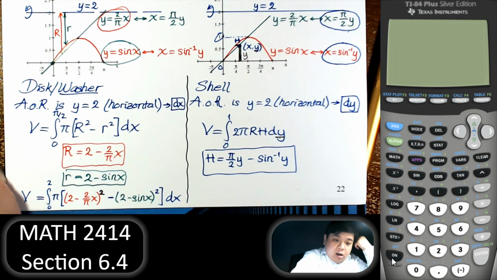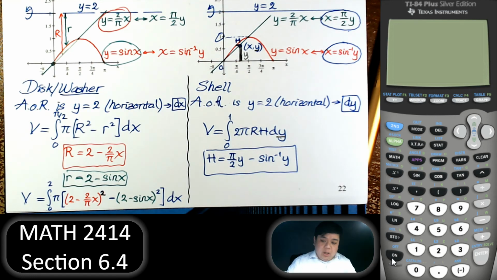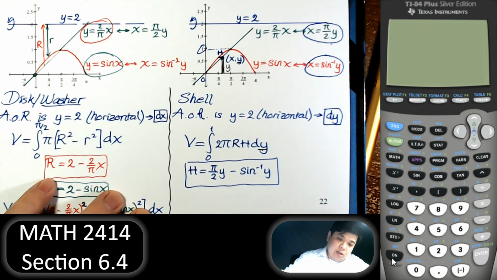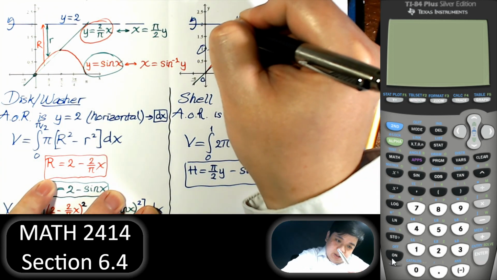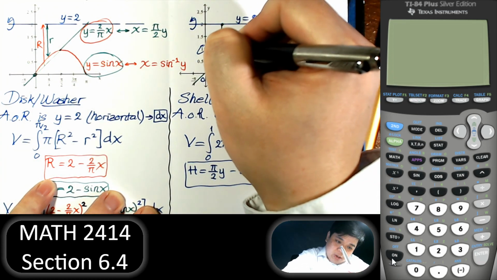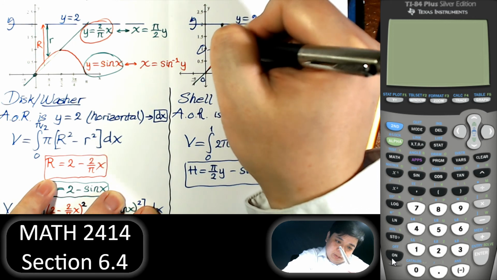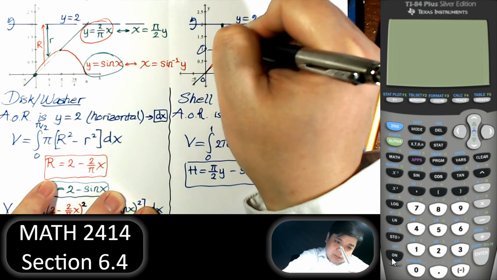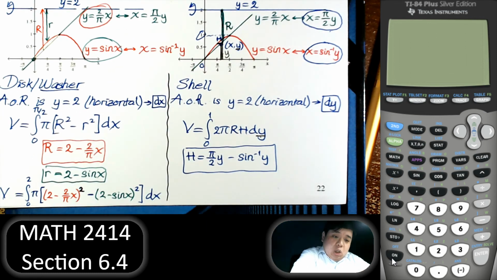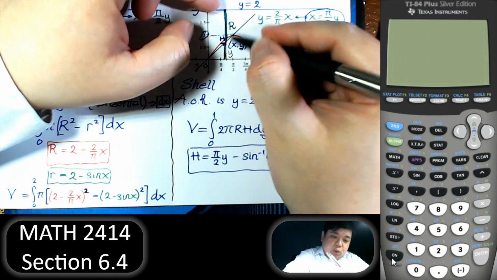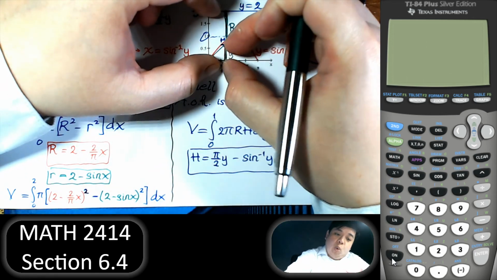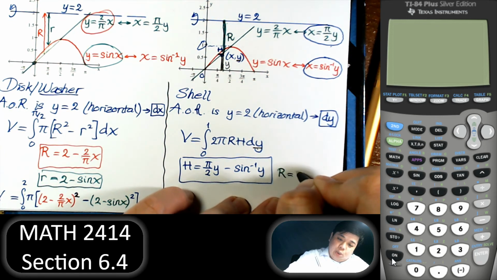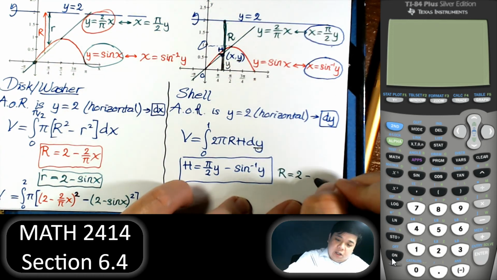Now to determine r, from the axis of rotation here to the point, the whole thing from here to there is 2, right? Take away y, gives us r. So r equals 2, the whole thing, minus y.